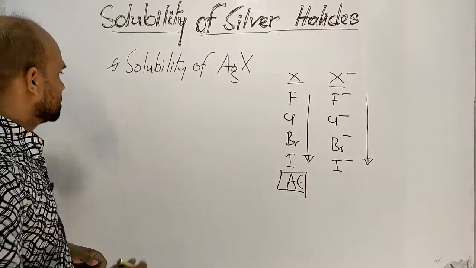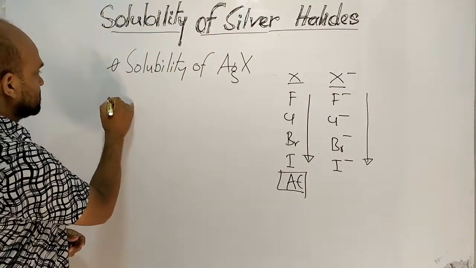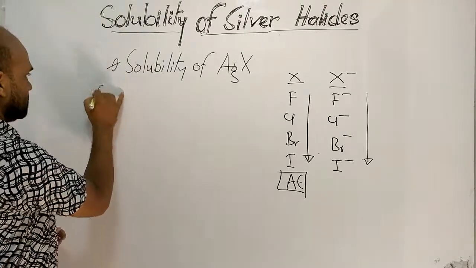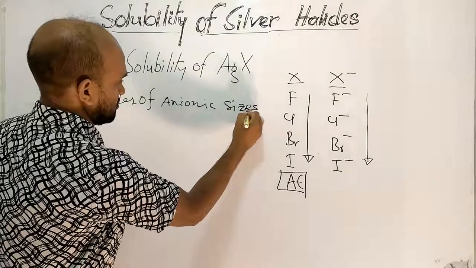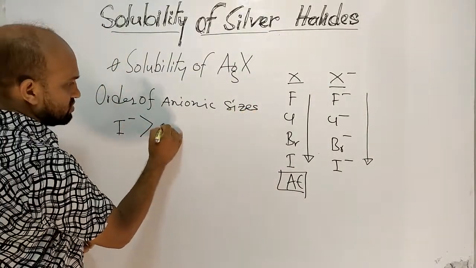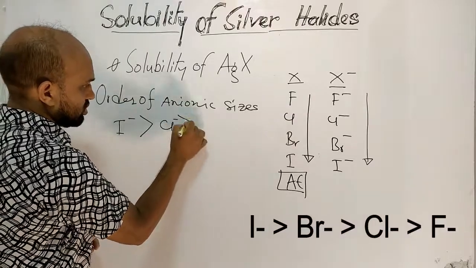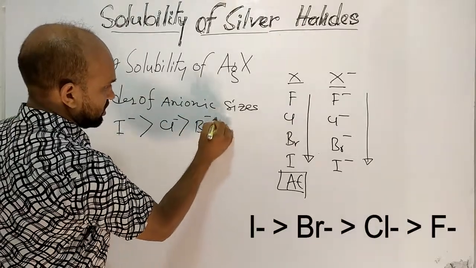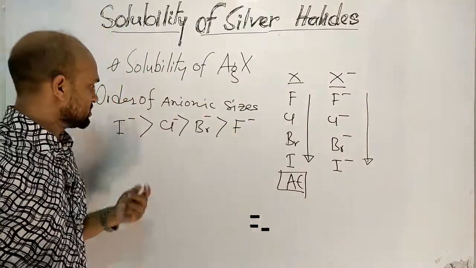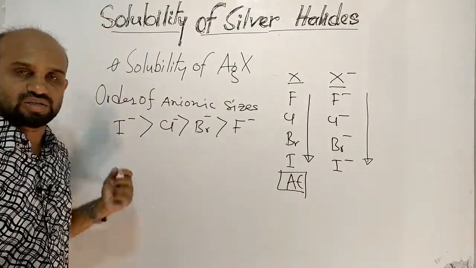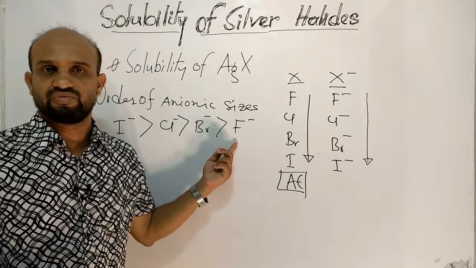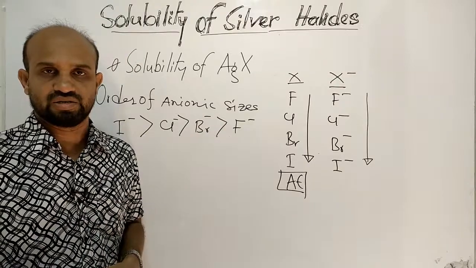Now we can write the order of anionic sizes: iodide ion, bromide ion, chloride ion and then fluoride ion. That means iodide ion has the largest size and fluoride ion has the least.